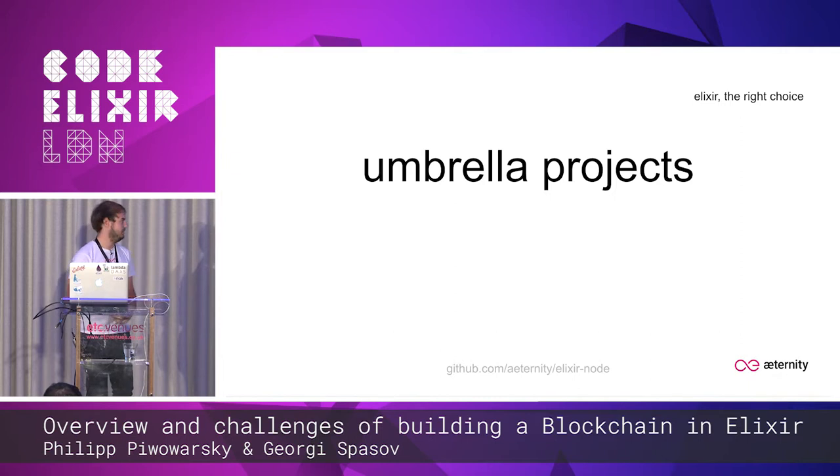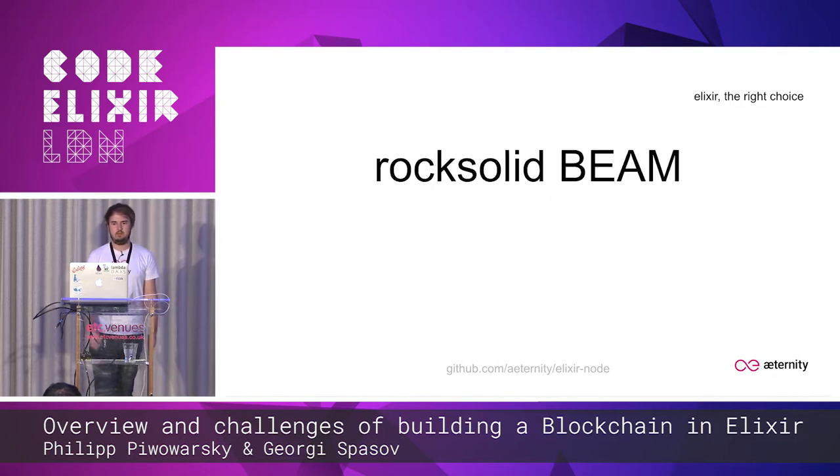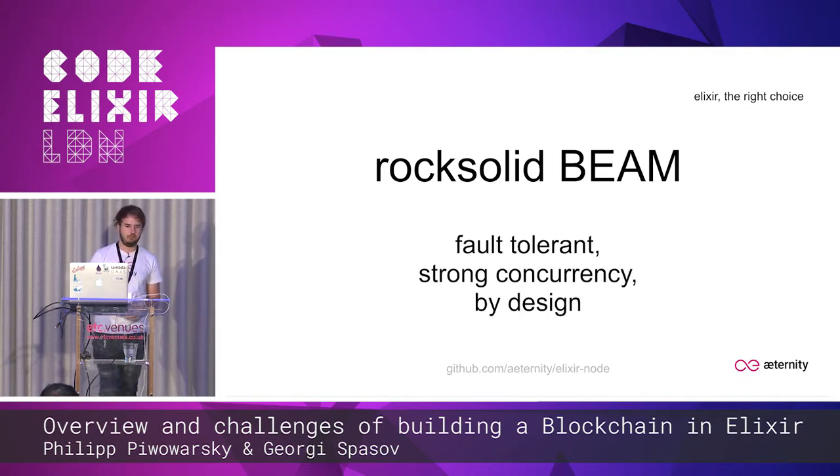And then we have some utilities split up. It's all in umbrella projects, so we can test it separately. This is really good for us. And surely everybody loves the rock solid Beam, the great fault tolerance, strong concurrency by design, the attack-proof network support, and all of this. It's great.